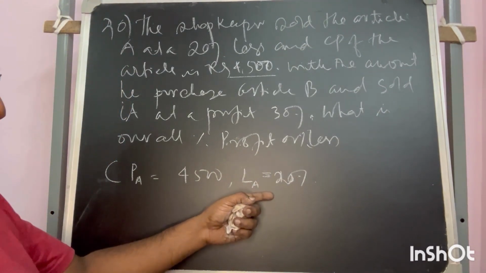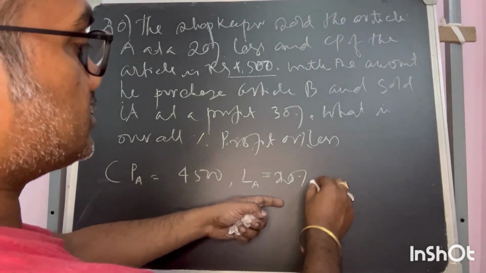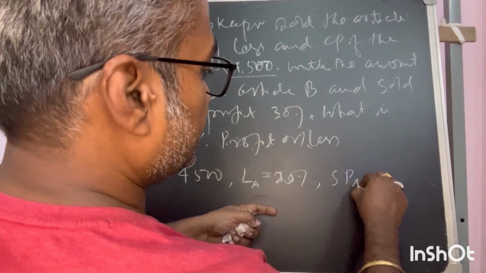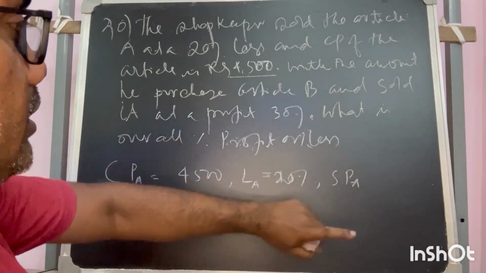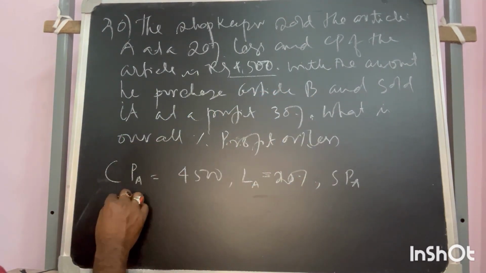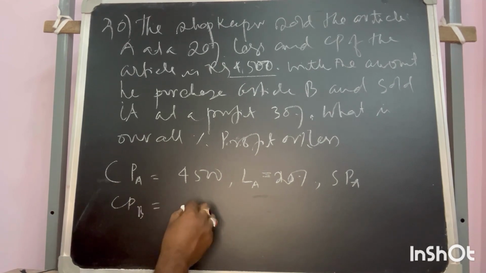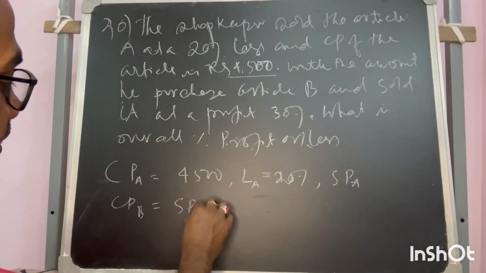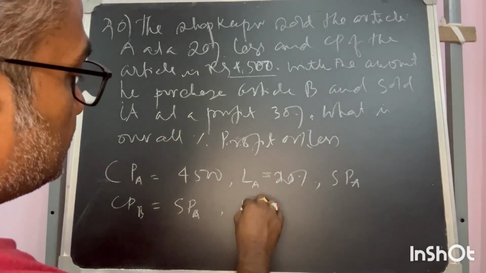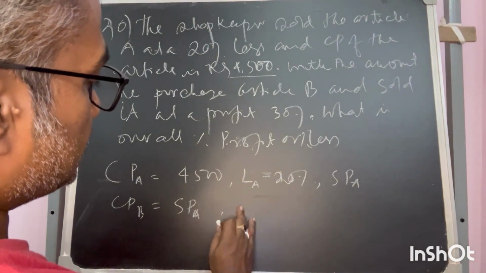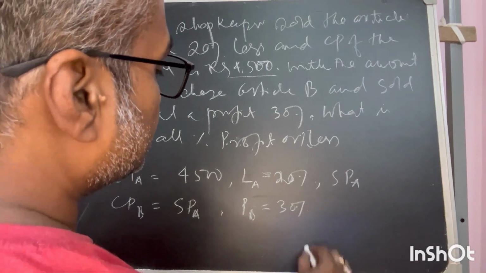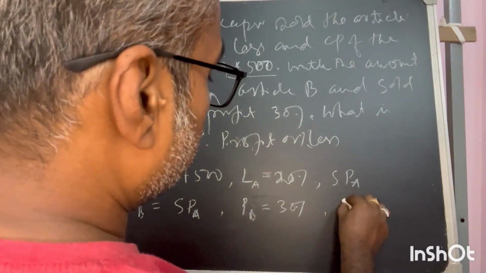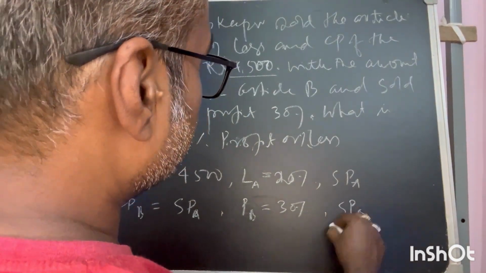After selling it, whatever the selling price of A, he is using it to purchase B and sold it at a profit. So cost price of B is equal to selling price of A, and the profit for B he is making 30%. So then what is the selling price of B?